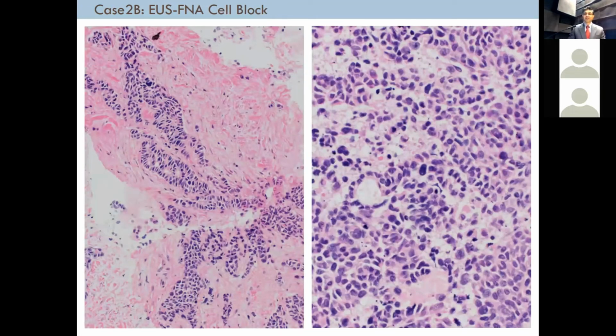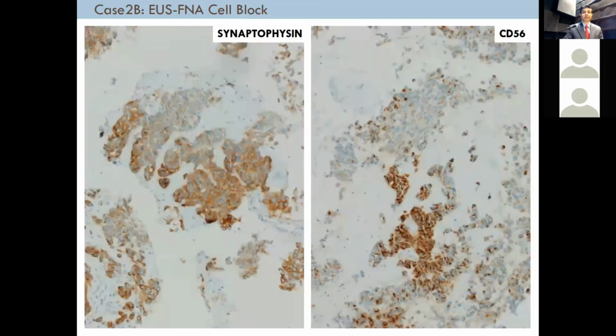The cell block is quite similar to the previous case, showing a predominantly high-grade solid neoplasm with some glandular elements. This tumor showed patchy positivity with synaptophysin and CD56.